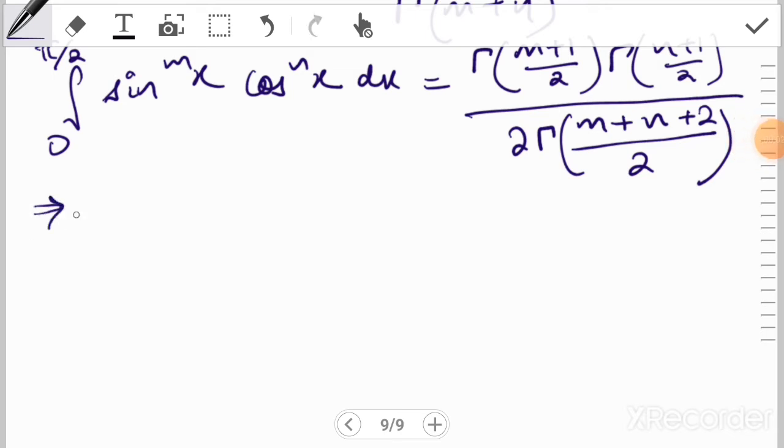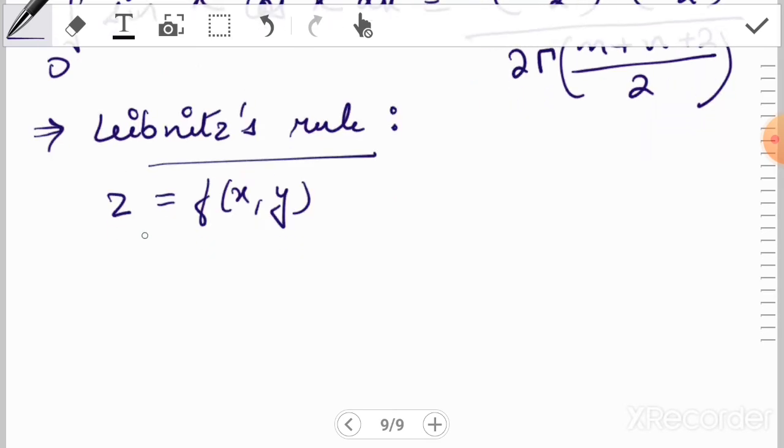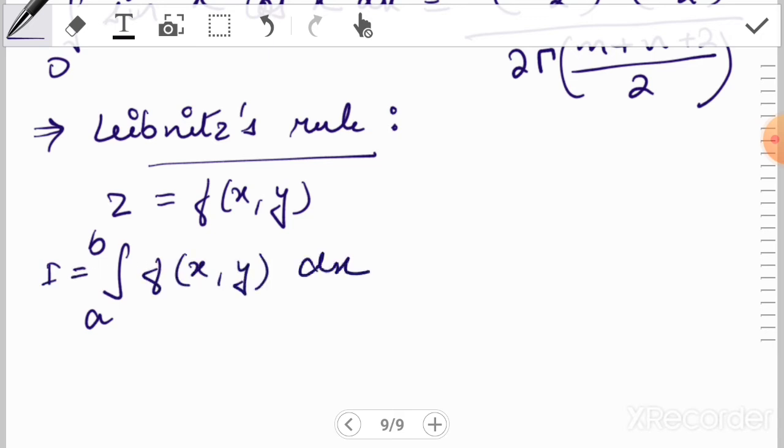Next is Leibniz's rule. Consider a function of two variables x and y, say z. Now let us consider the integral of z with respect to x from a to b, of f(x, y) dx.